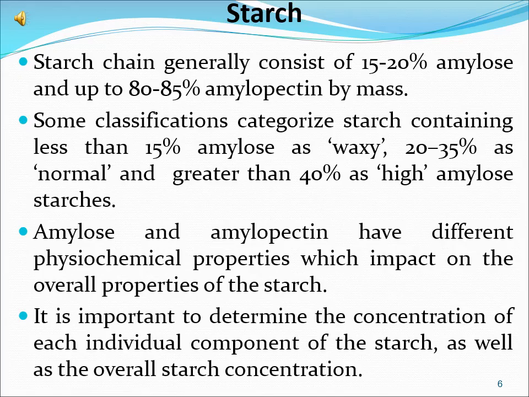Amylose and amylopectin have different physiochemical properties which impact on the overall properties of the starch. It is often important to determine the concentration of each individual component of the starch as well as the overall starch concentration.